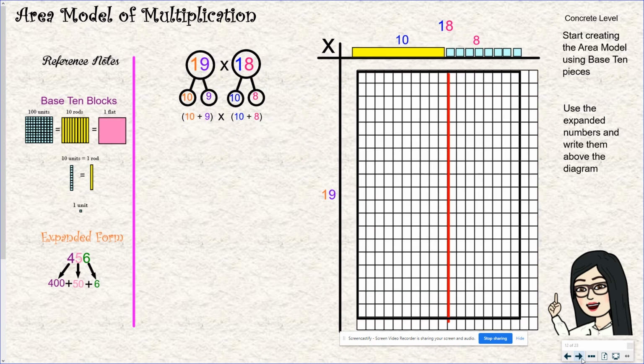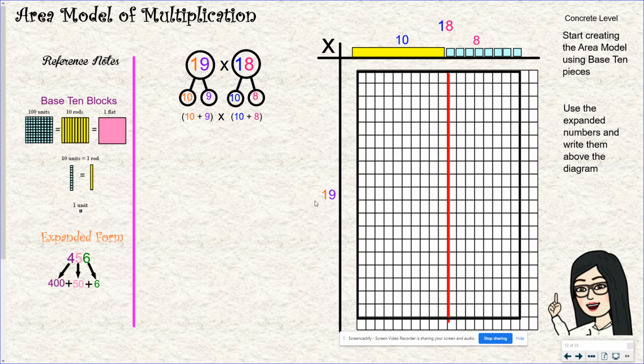Then I started creating the area model using base 10 pieces. Because I decomposed 18 into 10 and 8, I was able to use a rod to represent 10 and 8 units to represent the 8 ones. I also drew a line to separate my two place value numbers. So here is 10 and going this way is 8.